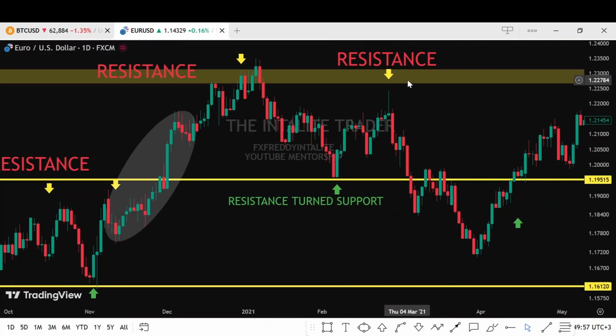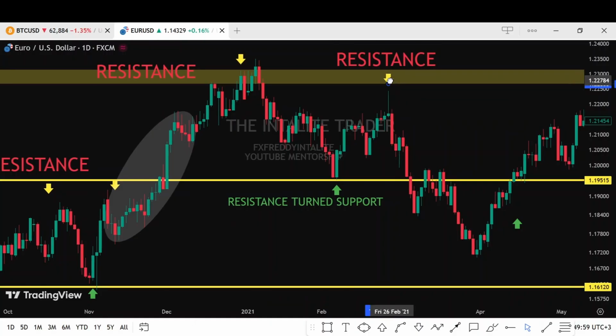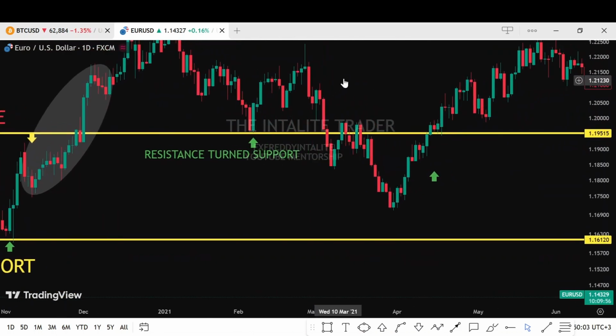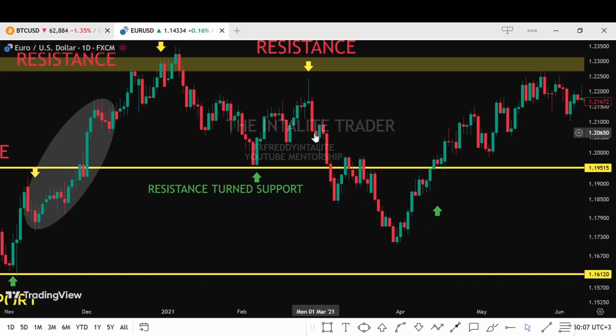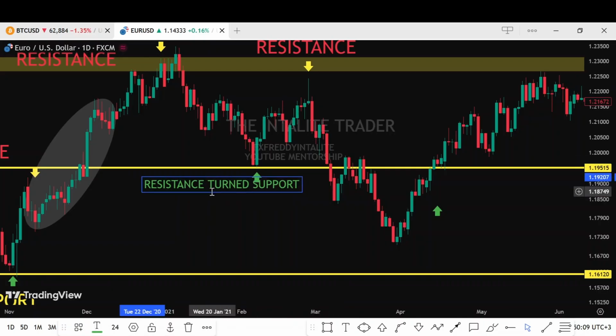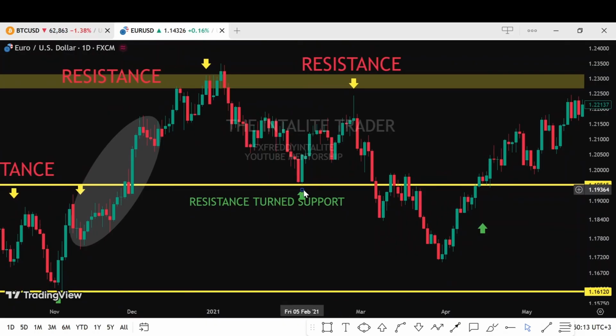So this price got resistance at this point, and then it traded lower. So this was a resistance which turned to support to push this price this side.